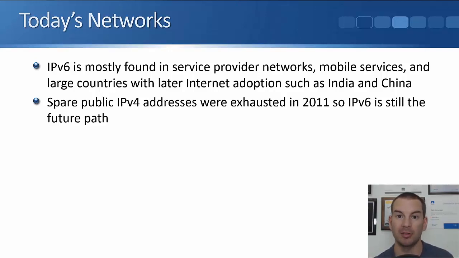Where you'll also see it is in larger countries, which had a later adoption of the internet, such as India and China. Okay, last thing, spare public IPv4 addresses were exhausted in 2011, so IPv6 is still the future path. So you see that most companies today are using the RFC 1918 addresses and NAT, but it will slowly move over to IPv6.